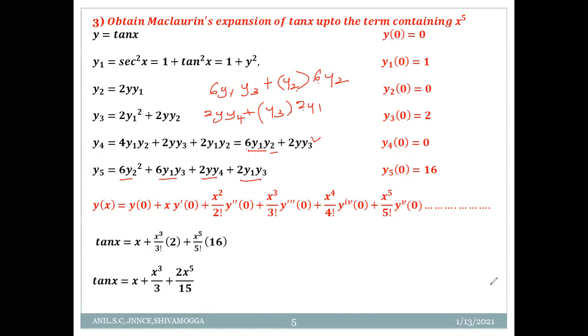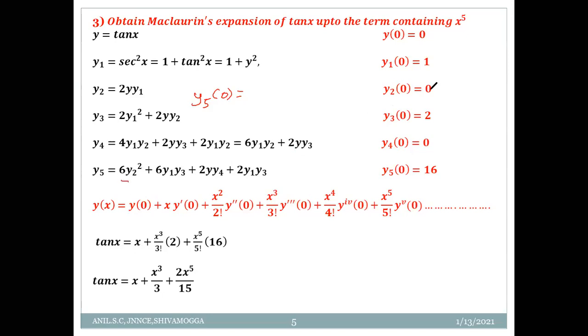Now put x is equal to 0. When x is equal to 0, y5 will be y5 of 0. This is equal to 6y2 square and y2 is 0. 0 square is 0. 0 into anything is 0. Plus 6y1 y3. 6y1, what is y1? y1 is 1 into y3.